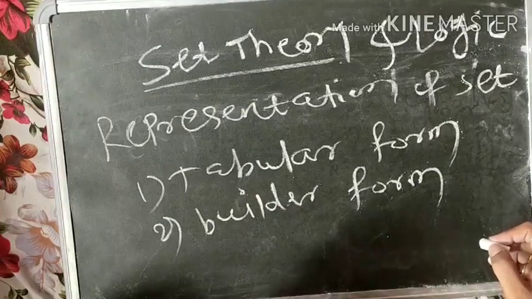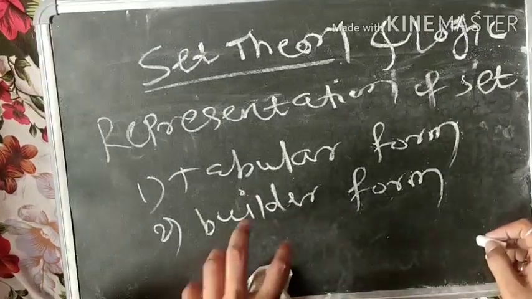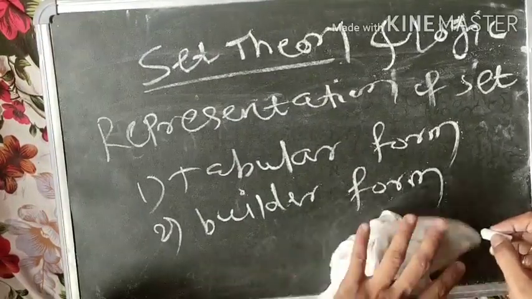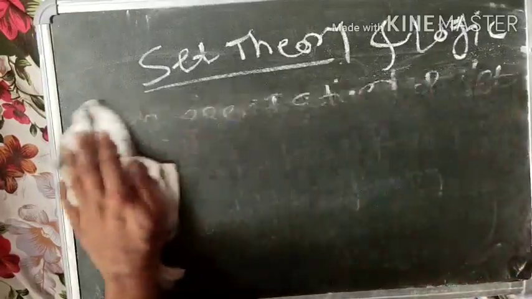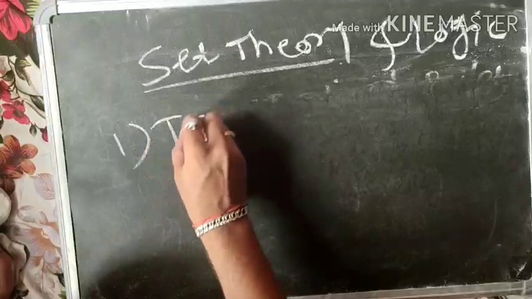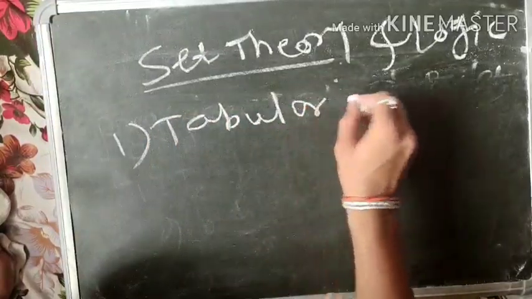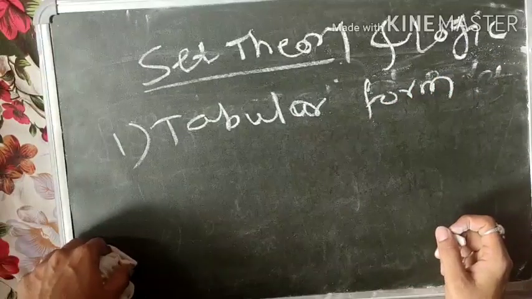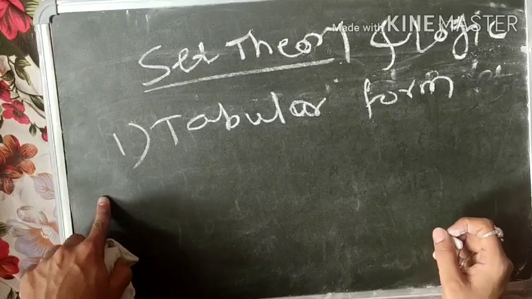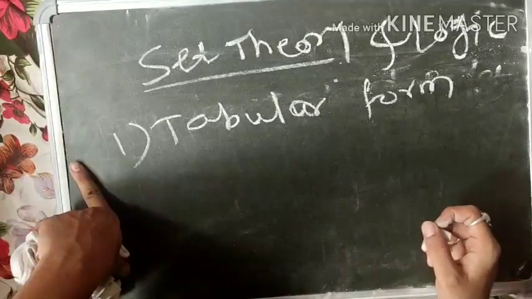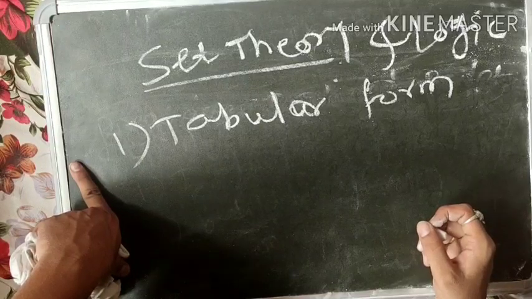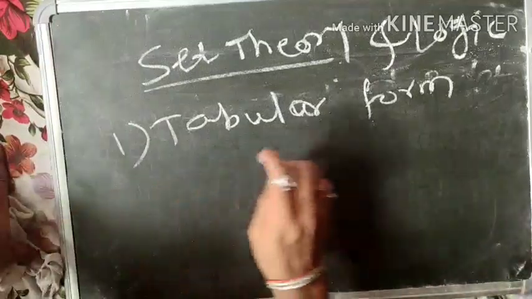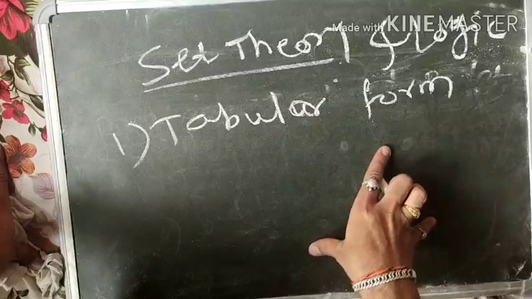First, let us understand the tabular form. How do we represent sets in tabular form? The first form is tabular form. A set is represented by listing all the elements comprising it.